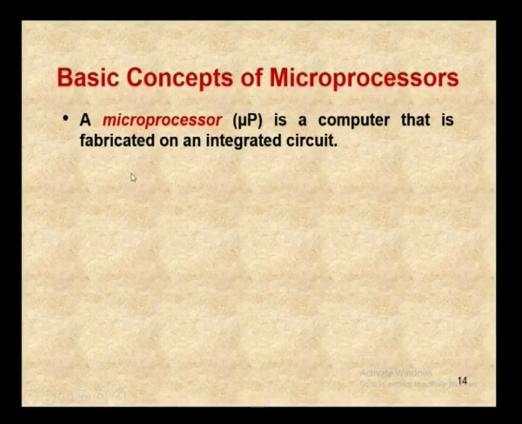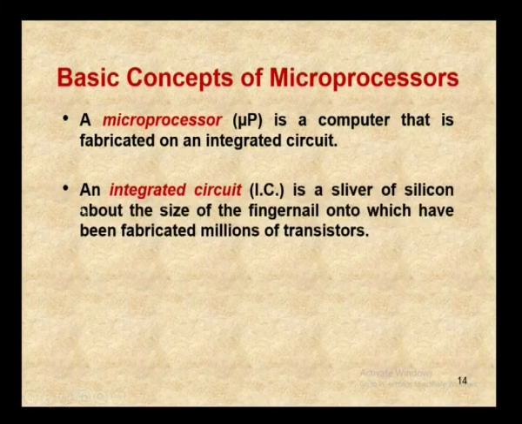All these computers were very big and very expensive. As the technology advanced, they were able to make the computer on a single integrated circuit. So, the microprocessor was born. Of course, it started in 1970, and every year performance is improving. So, it is basically a computer on a single IC.